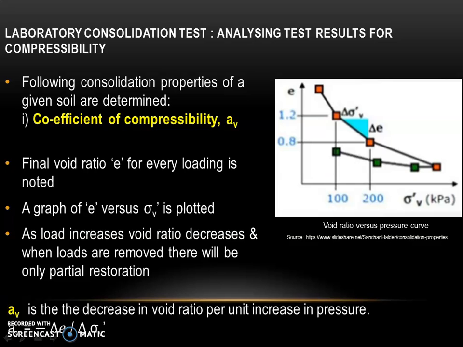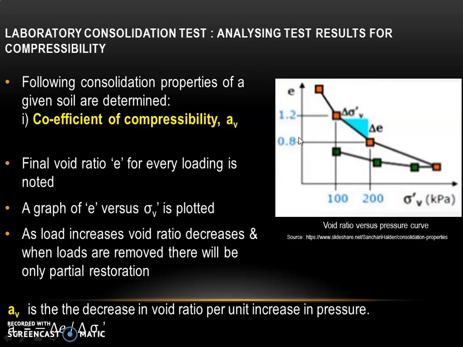And av is defined as the decrease in void ratio per unit increase in pressure. So we can write the equation for av as minus Δe divided by Δσv'. So here along this curve we will choose 2 points in order to find av. Δe is the difference between void ratios.